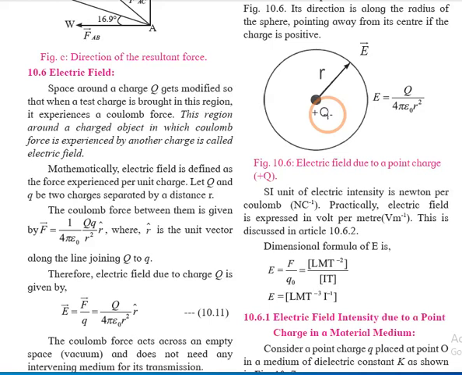For force, it's L1 M1 T minus 2. For charge, it's I1 T1, because current is equal to charge upon time, so charge is equal to current into time. So the final dimensional formula for electric field intensity is given by L1 M1 T minus 3 I minus 1.